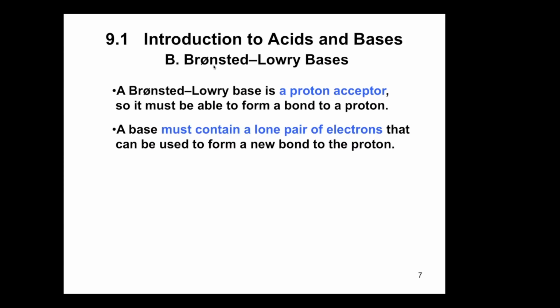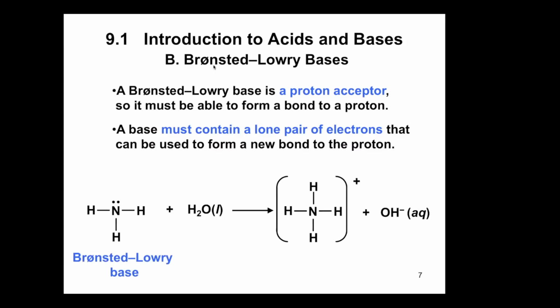We have to review our previous lesson in Gen Chem 2, molecular geometry, where we determine if there is a lone pair in the central atom. So if a compound contains a lone pair of electrons and it accepts a proton, therefore it is considered a Bronsted-Lowry base.